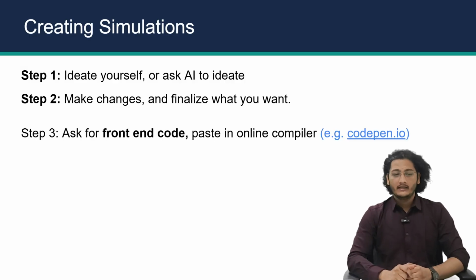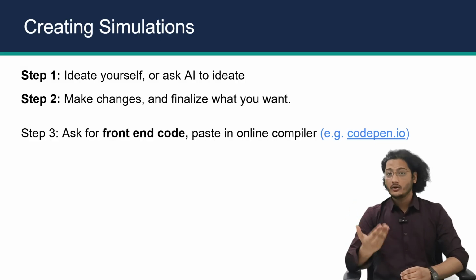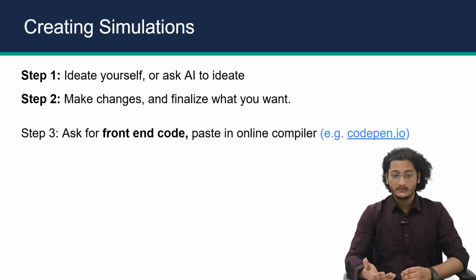Then you will go to AI, tell AI that I want to create a simulation of this topic. You will also attach the content so that the AI will provide you the exact output in the way you want. And you will ask AI for front end code.